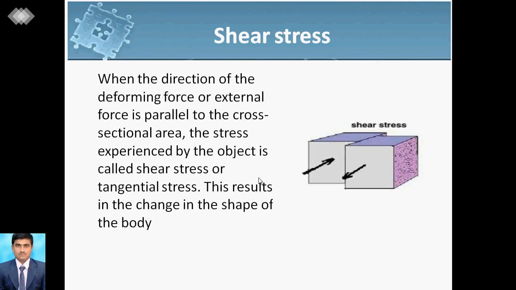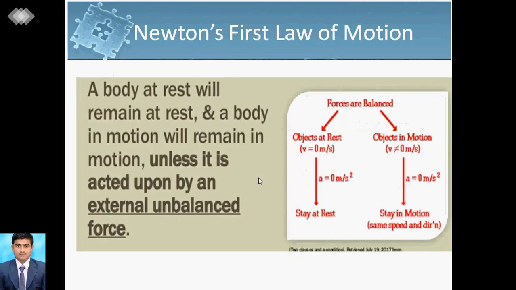The next term we discuss is Newton's first law of motion. As you know, a body at rest will remain at rest, and a body in motion will remain in motion, unless and until the body is acted upon by an external unbalanced force.